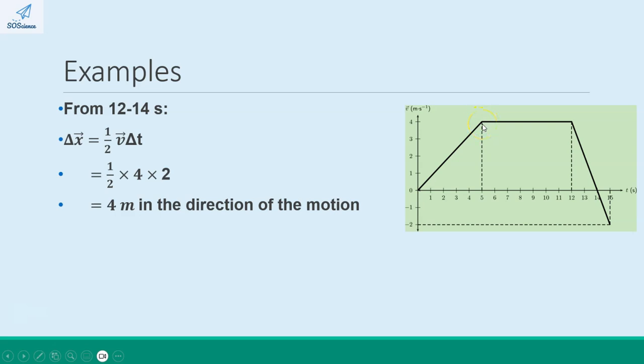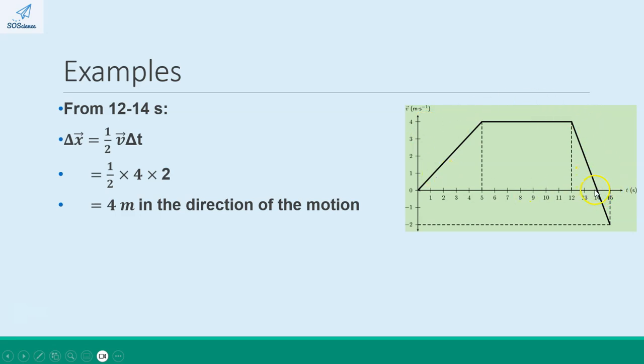It then moves at a constant velocity of 4 meters per second, and then it is slowing down from 4 meters per second to 0 meters per second. That is where we got up to in our explanation. But this is all happening in the positive direction because we're in the first quadrant.